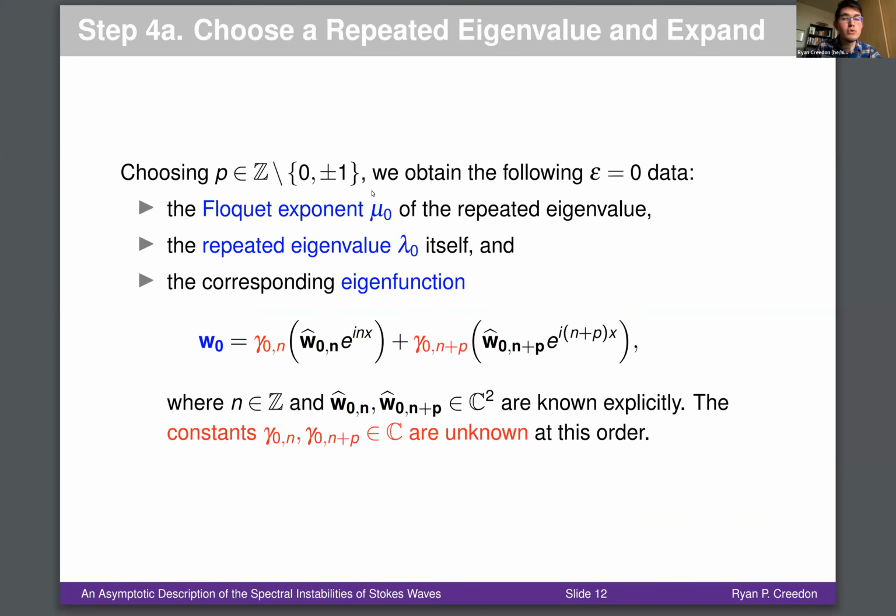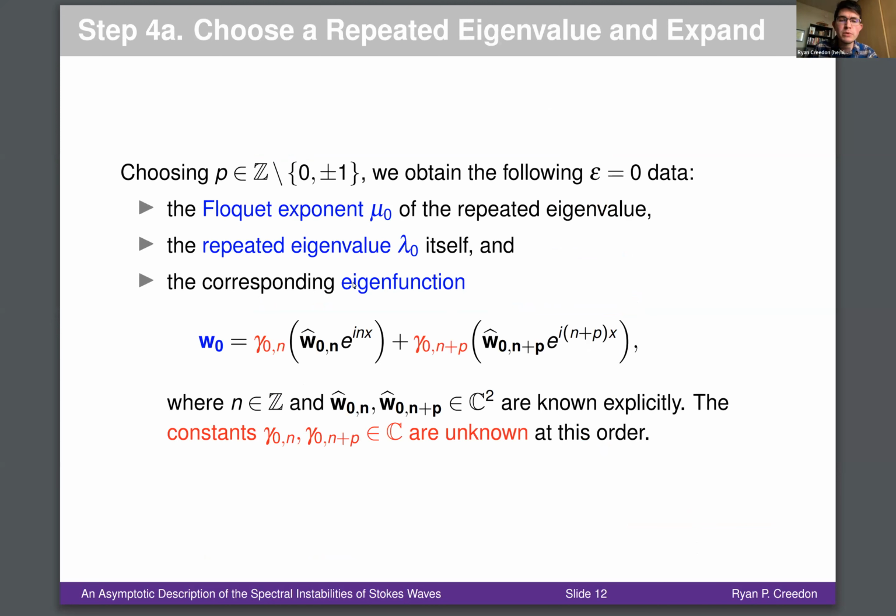The idea is we choose one of these integers p to focus in on. In particular, we're going to focus on the case when p is equal to 2, which is the high frequency instability that's closest to the origin. From choosing that particular repeated eigenvalue, we can immediately back out what the Floquet exponent corresponding to that eigenvalue is, the expression for that eigenvalue, and an expression for the eigenfunction.